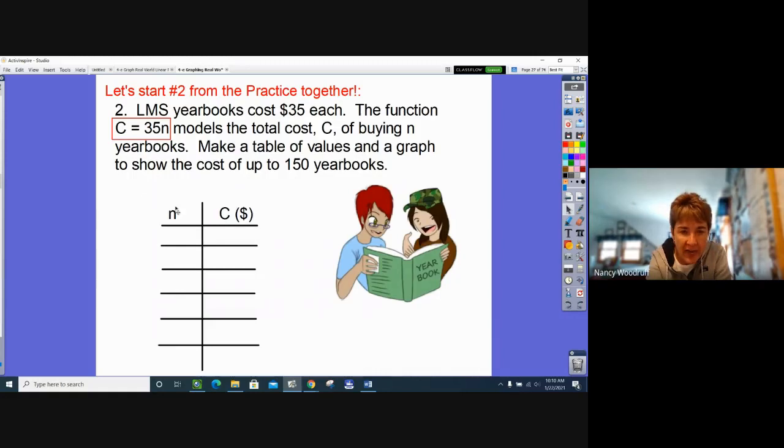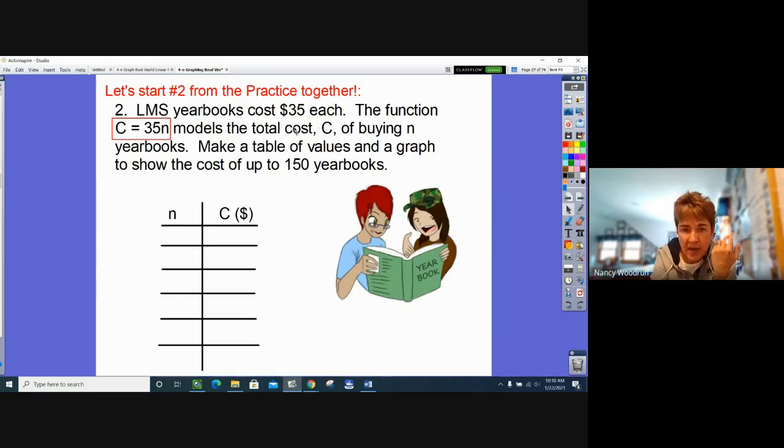You put in for N. That's your independent variable. The number of yearbooks is what you chose. That is your X. That's your independent variable. The cost was waiting for the math to happen. That's your dependent variable. That was your C. So this is your Y and this is your X.